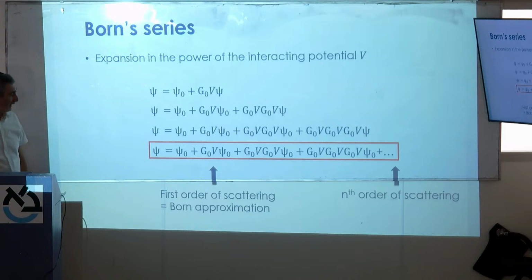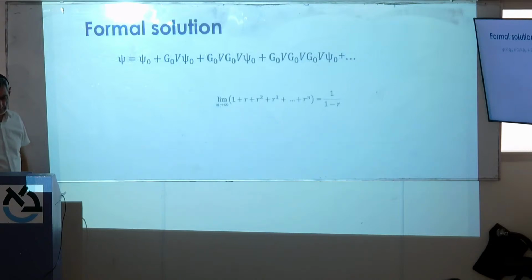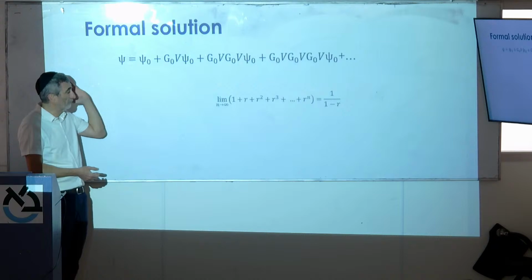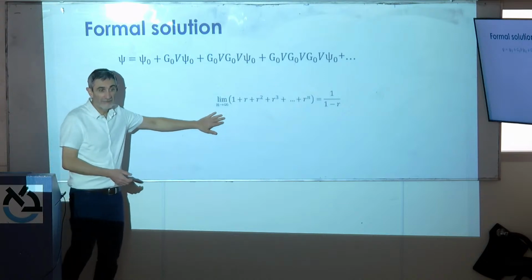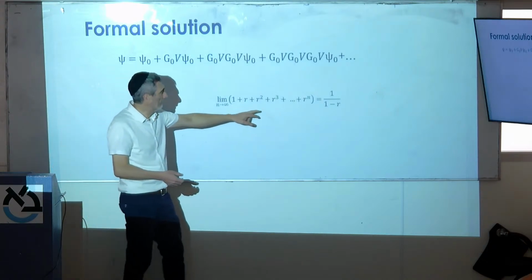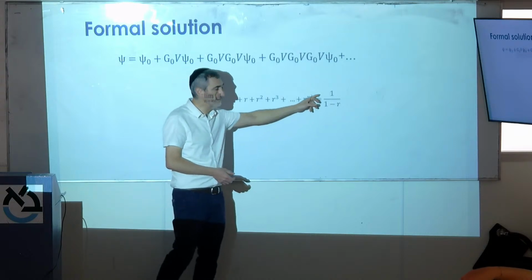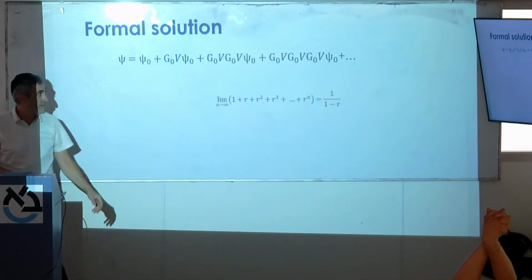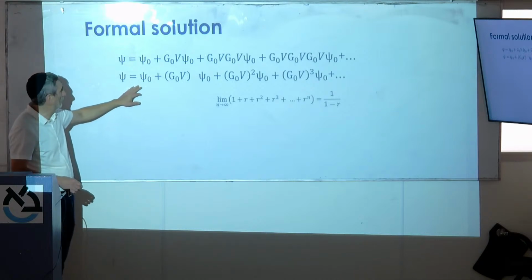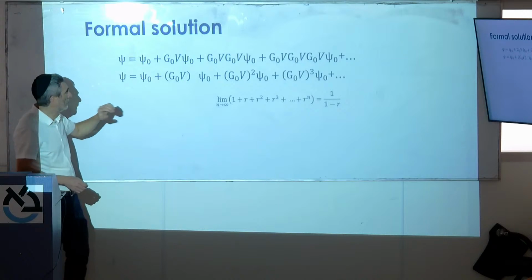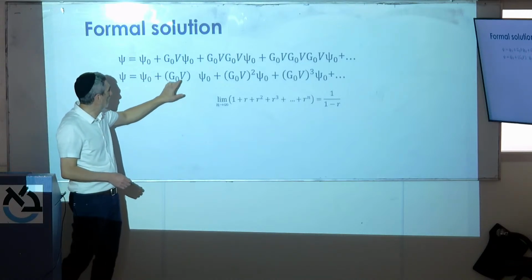Okay. So what do we do with that? Let's try to explain really the different terms. We can make a more compact expression for that. If you imagine you have an infinity of terms, you know this formula: 1 plus r plus r squared and so on, in the limit where n goes to infinity, is 1 over 1 minus r. Actually, I just factorize the psi 0.